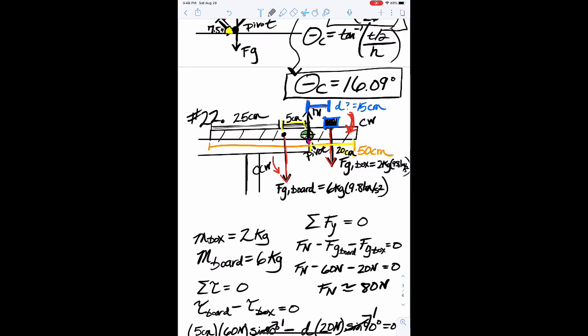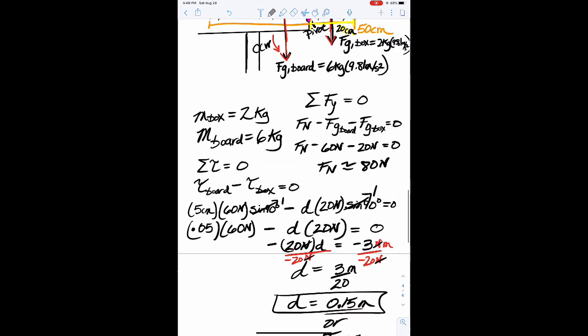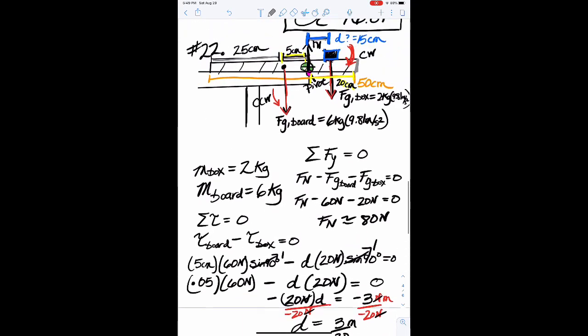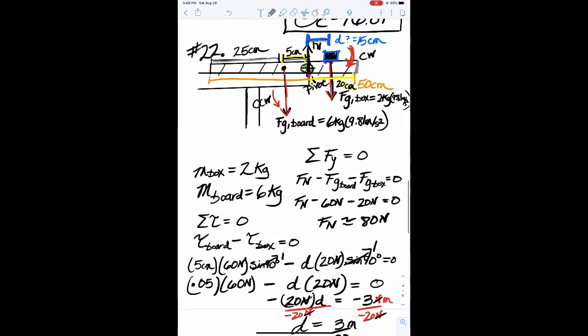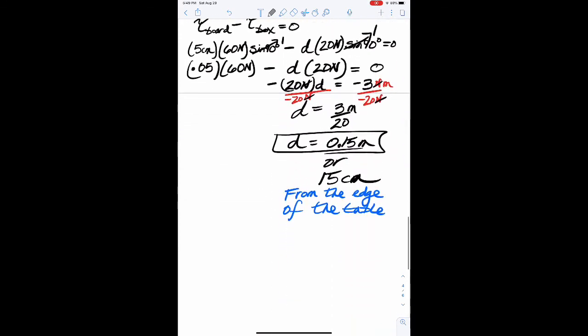And so it'd be 5 centimeters from the right end of the board. This is the right end right here. So 5 centimeters in from the right end would be another answer for where the box could go. But that's about it. So good, 15 centimeters from the edge of the table.